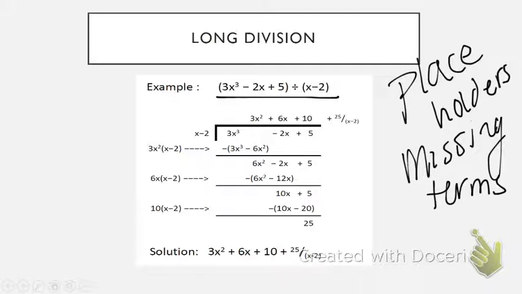It has to be missing in between your largest degree and your smallest term. Okay? So I would not add in, for this problem, a 0x to the fourth, because that's just kind of silly. We don't need to add in more. Okay? We need to fill in this plus 0x squared. That is where your placeholder is.